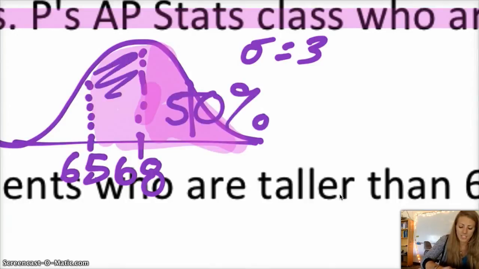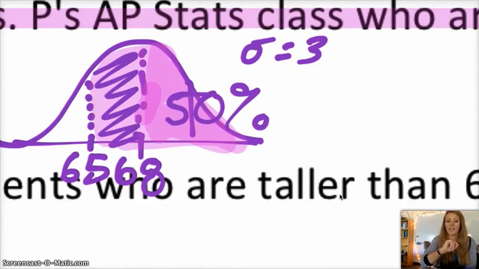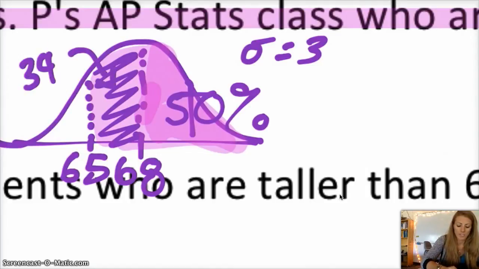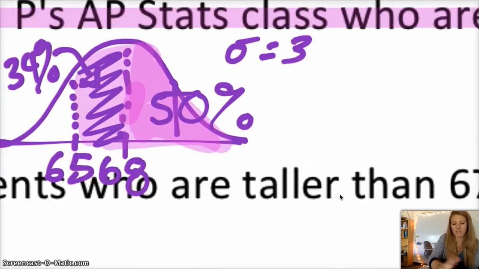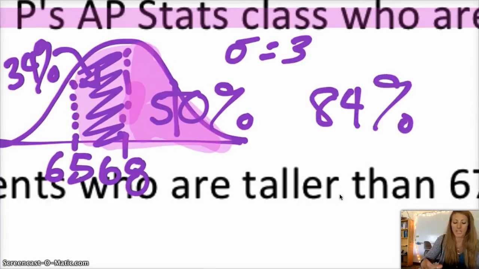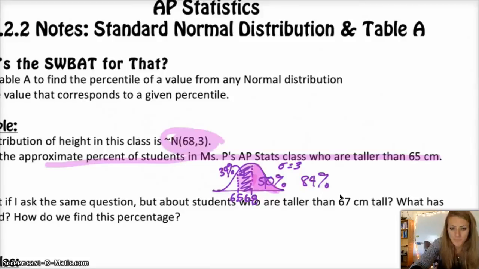And then this little section here is 1 standard deviation away. And since that center set of the data is 68% of the data, that means that this half is 34% of the data. So we know above 65, there's approximately 50 plus 34, that would be 84% of the data, which means 84% of the class is taller than 65 inches, okay, or centimeters, sorry. Okay, that's definitely supposed to be inches, side note. Centimeters, that's way too tiny. Inches.